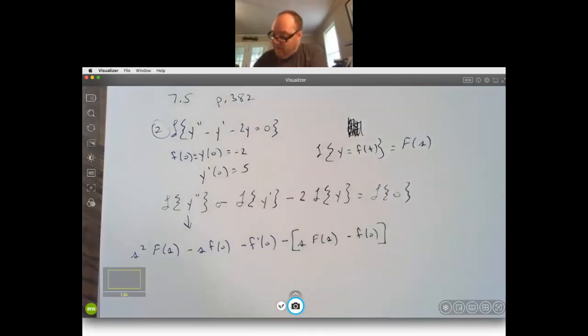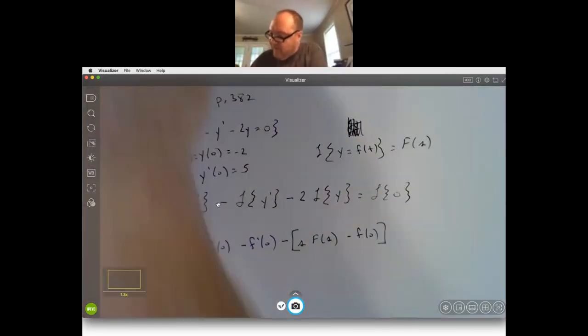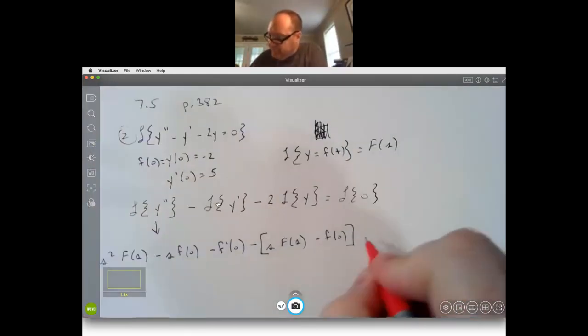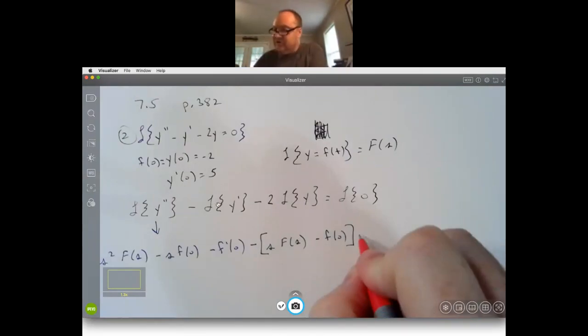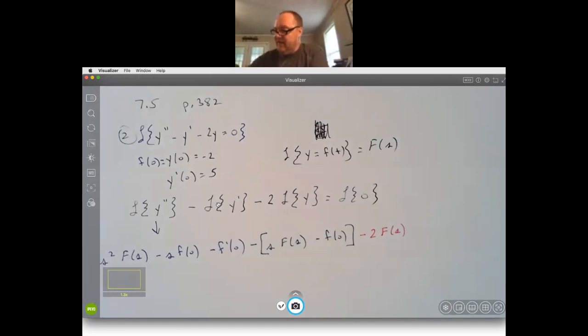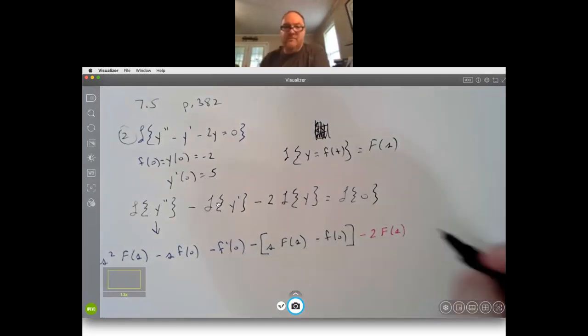And then all of this is y double prime. All of this in these brackets is y prime. And then I have minus 2 times y, and that's the easiest piece of all. Minus 2 times the transformation of y, which is just a big F of s. And all of that is equal to 0.